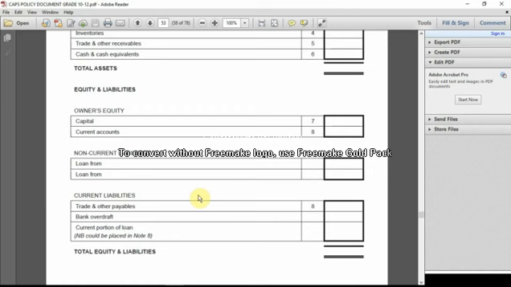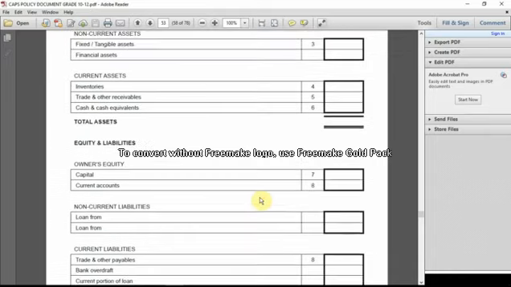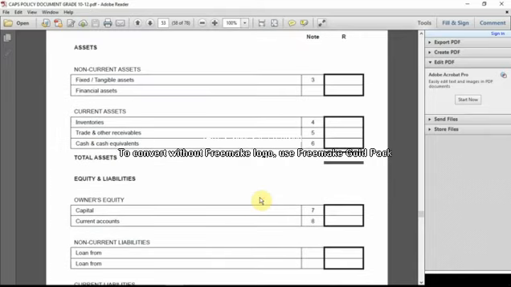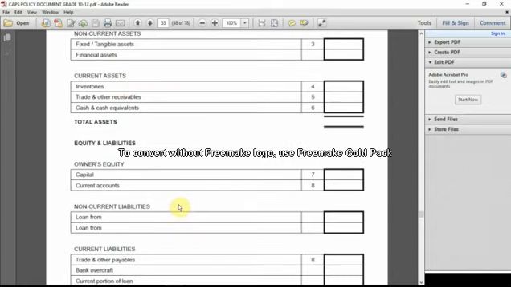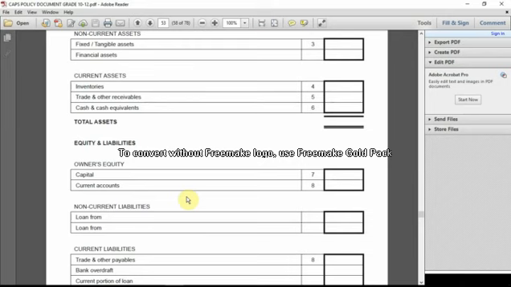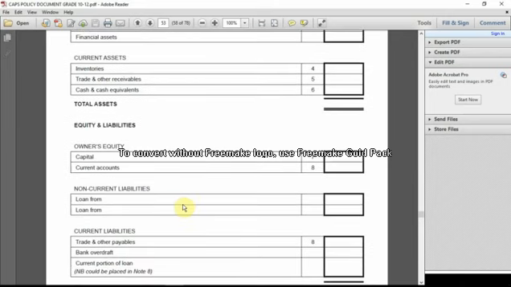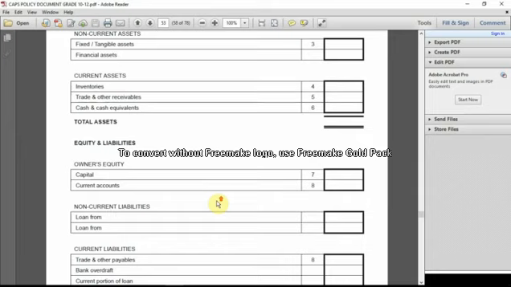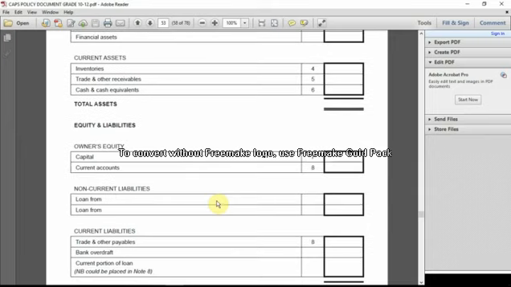What proportion are the debts of the total asset value? To what extent do the assets cover the liabilities? Especially, to what extent do the non-current assets cover the non-current liabilities, since loans are usually a long-term kind of thing.